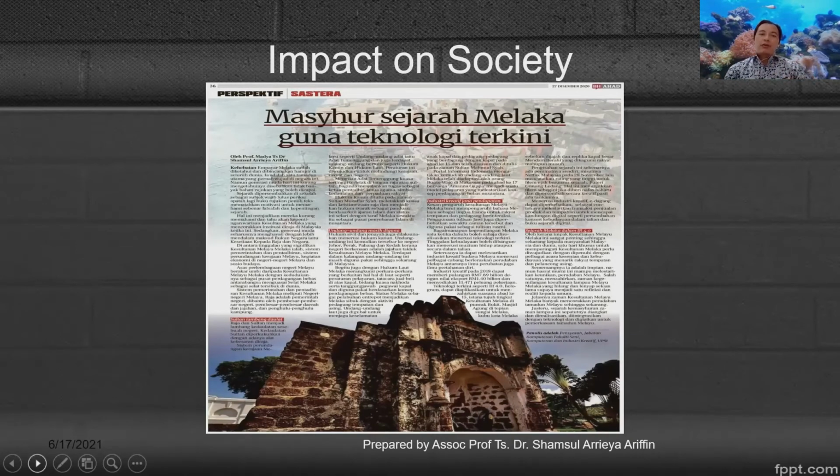By using IR 4.0, I'm proposing the idea that you can try to tell the new generation how the history of Malacca really looks like since the Sultan era, and also during the wars and all sorts of events, right?